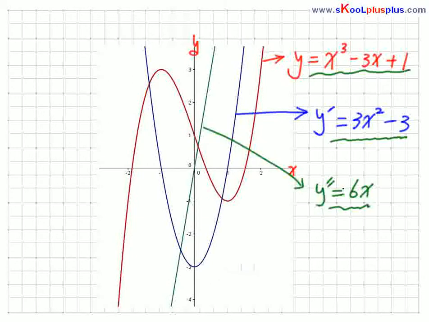It's the blue one right there, y prime, 3x squared minus 3. Now the green one is the second derivative, which is 6x.